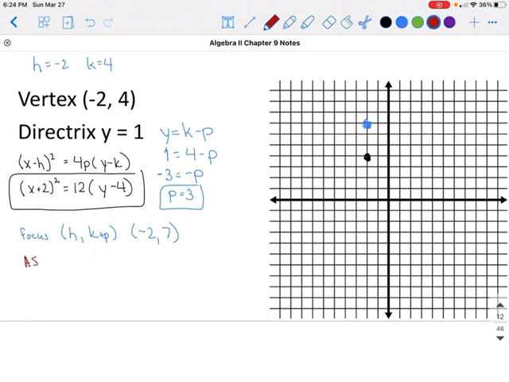Our axis of symmetry will be x is equal to h, or x is equal to negative 2. We already know that our directrix is y is equal to 1. And our graph will start at our vertex, go towards our focus, away from our directrix, and try to be symmetric about the axis of symmetry.